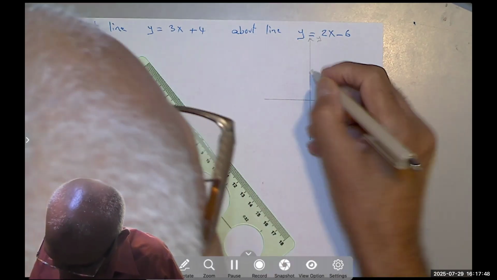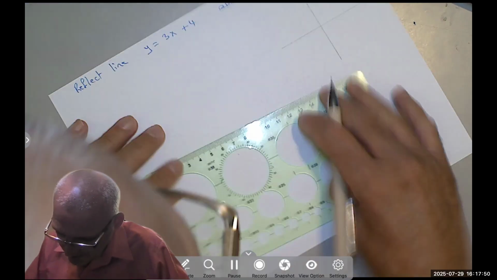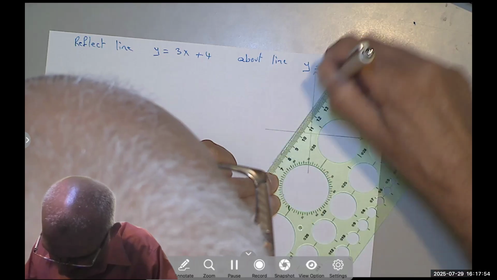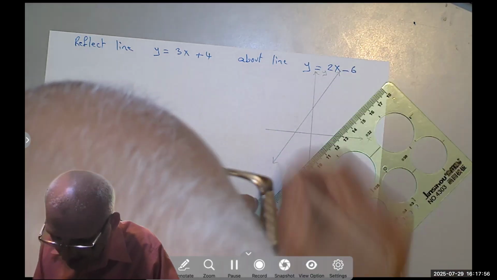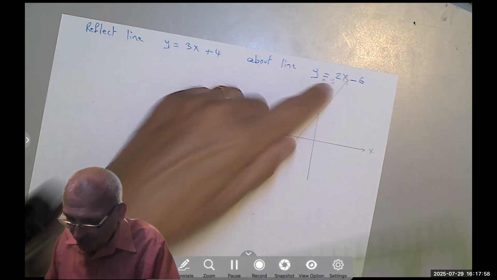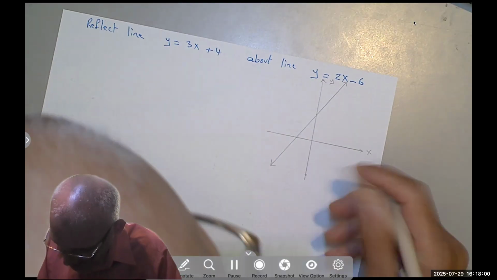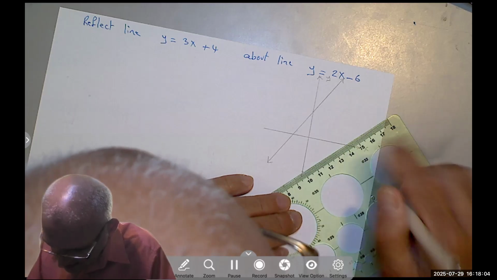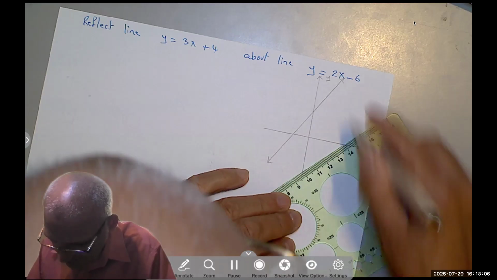3x plus 4, if this is 4, this line would be something like that. And I want to reflect this line over 2x minus 6. Here is negative 6, and 2x would be something like that. So the slope is less than that.